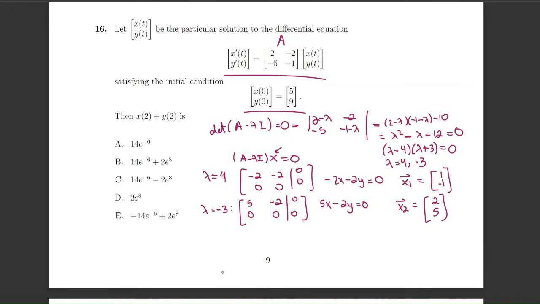So I think it's more clear if I write out the expression that we get. So our expression then for x of t and y of t is going to be e to the lambda t. So first we have e to the 4t times the corresponding eigenvector, which is 1, -1, times some constant, plus c2 times e to the -3t times 2, 5.